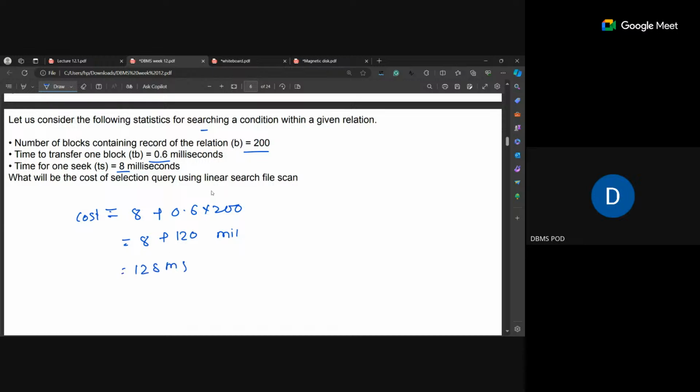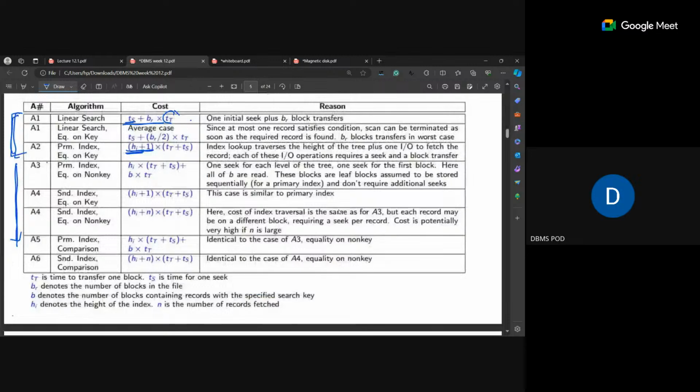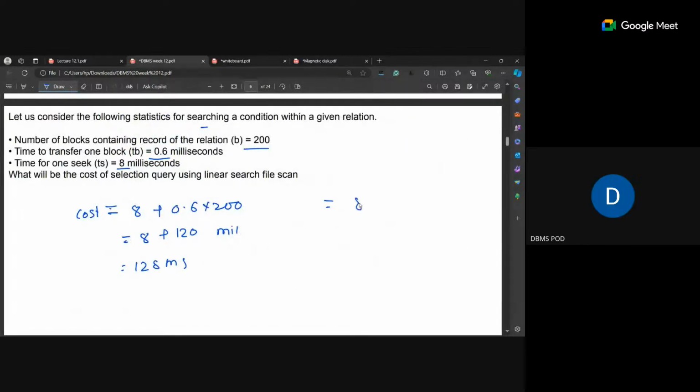Suppose a selection query on key. So what will that be? If you want to find the average case, then it will be divided by 2. So 8 plus 0.6 into 200 divided by 2, which is 8 plus 0.6 into 100. So it will be 68 millisecond.